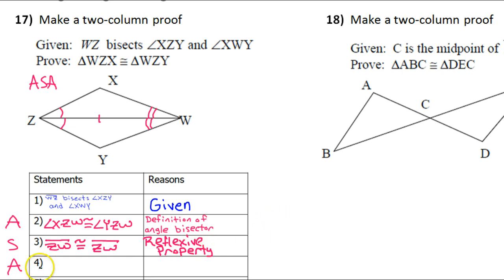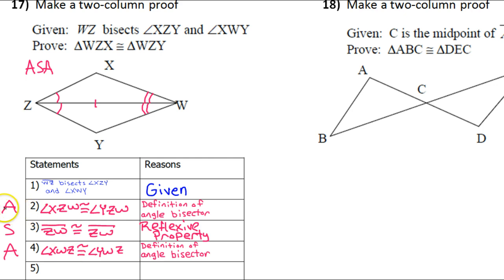And so finally I need a pair of angles again. So I did these angles, so now it's time to do these angles. So I can say that angle XWZ is congruent to angle YWZ. And again, that's the definition of angle bisector.